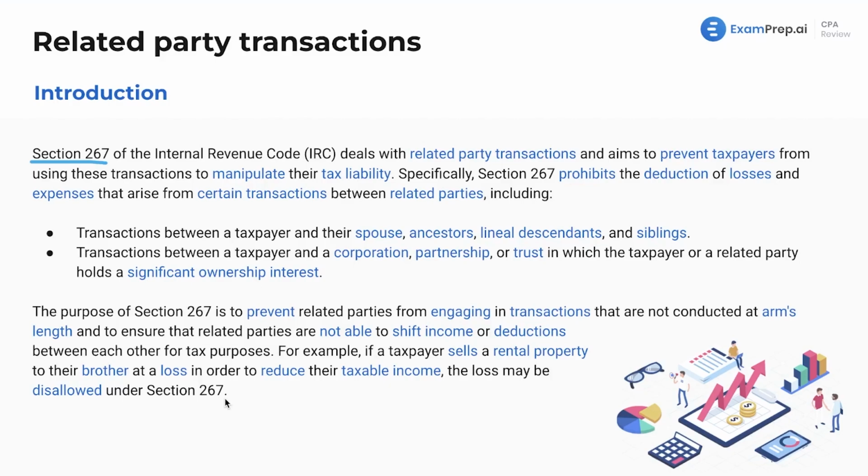So if I just sell my stock at a loss to a sister, well, my sister's not going to hopefully screw me over. She's going to give me my stock back when I want it, but that's not a real transaction, right? That would not be considered a true transaction, because it's kind of like I'm using my siblings to get fake losses and then still have control of my own stock, all that good stuff.